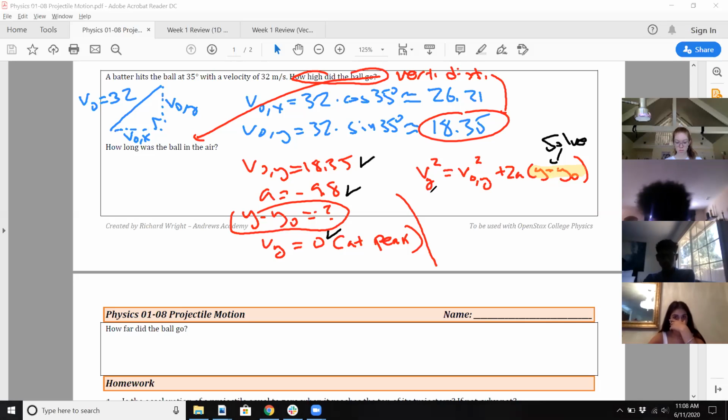Okay, I'm back. I'm actually going to just plug this in my calculator. So let's see here. So I should have 2 times 9.8 on one side. 2 times 9.8.